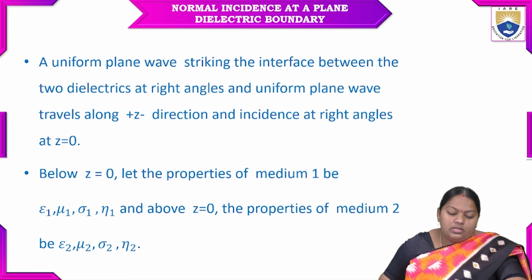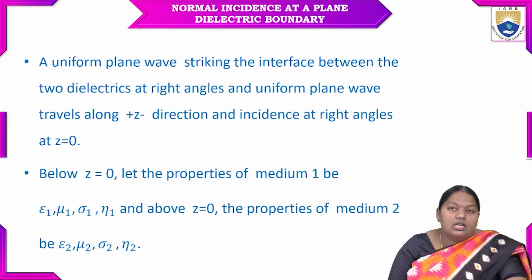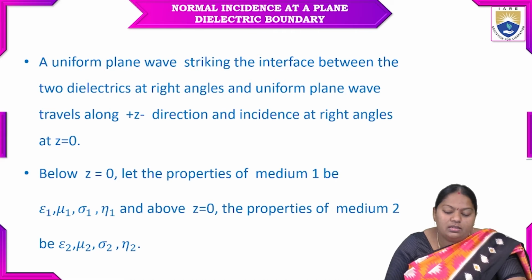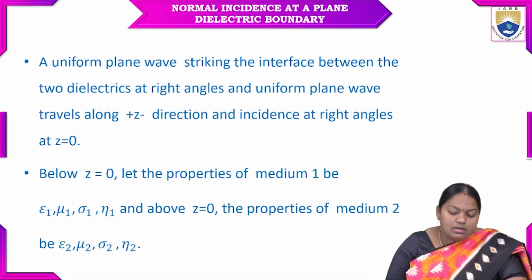Based on that diagram, we are going to consider some assumptions. A uniform plane wave strikes the interface between two dielectrics at right angles. The uniform plane wave travels along the plus z direction and is incident at right angles at z equal to 0. At z equal to 0, the interface separates the two media.